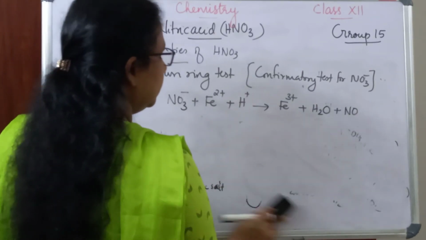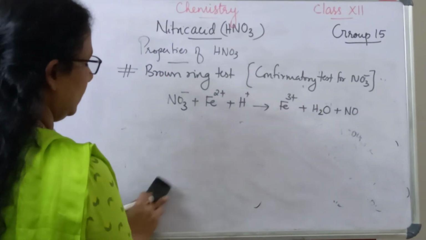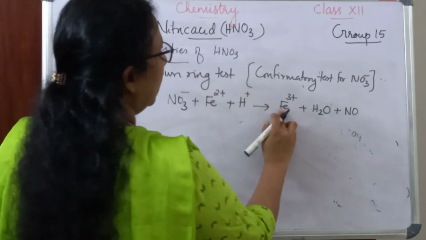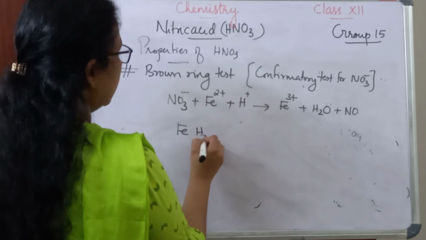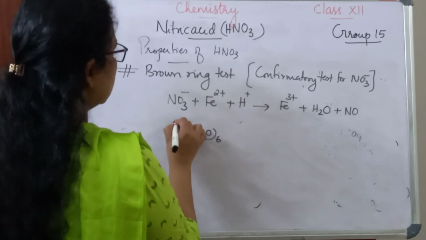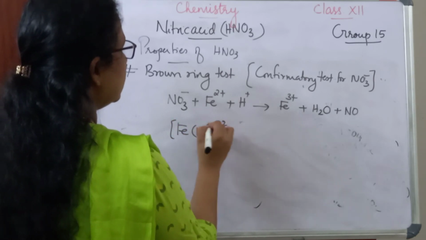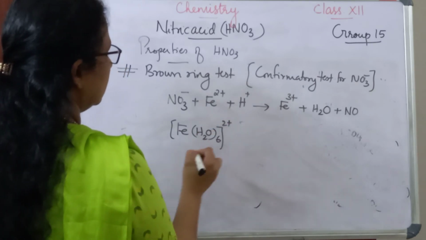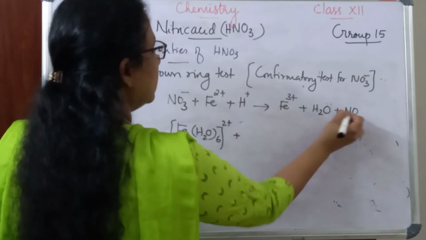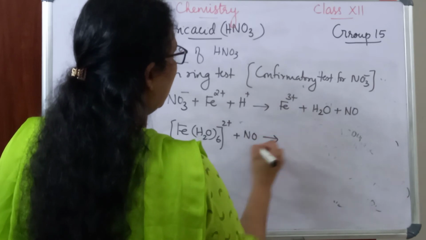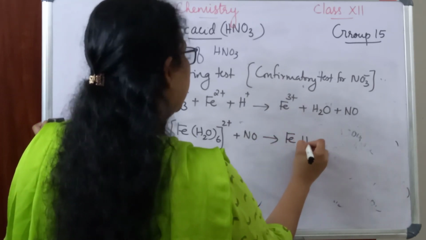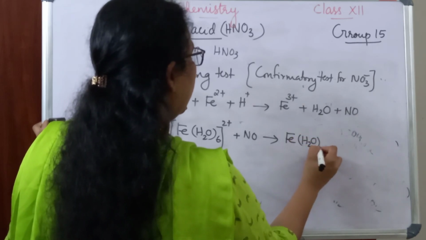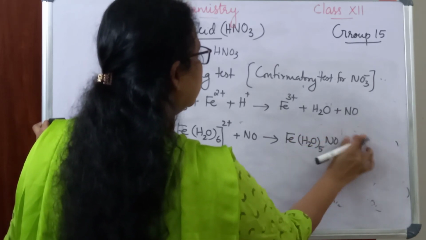In the second step, this part together forms a complex, that is Fe(H2O)6 2 plus, and this NO forms a complex, that is Fe(H2O)5NO.